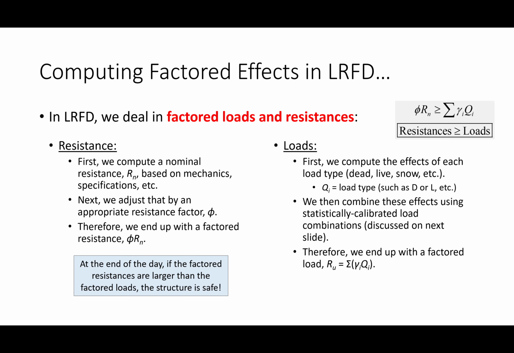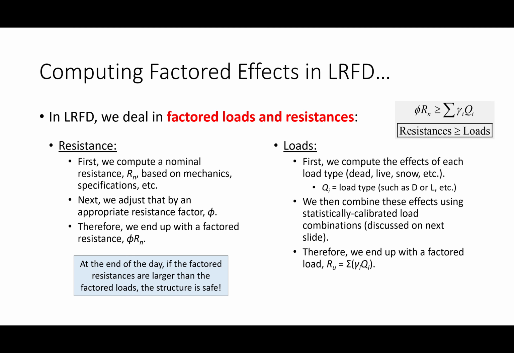Now on the loads side, we do something similar. On the load side, we have these various load components like snow, wind, earthquakes, dead load, etc. We compute each of those loads separately. So we have a dead load, a live load, a snow load, etc. And then what we do is we combine those in what we call load combinations.